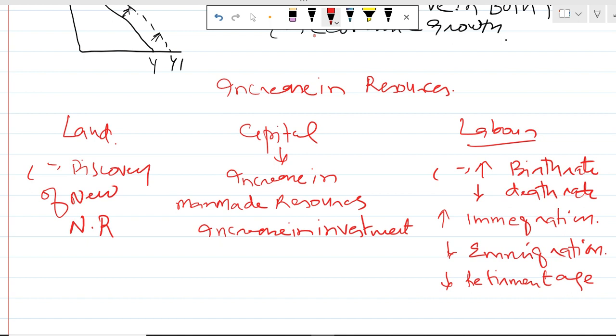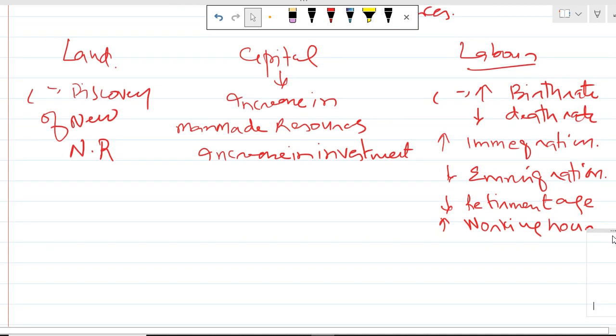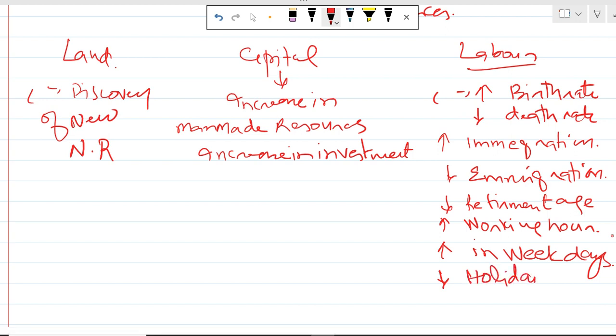decrease in retirement age, school leaving age may be decreased, increase in working hours, or increase in weekdays, decrease in holidays, or increase in women's participation.